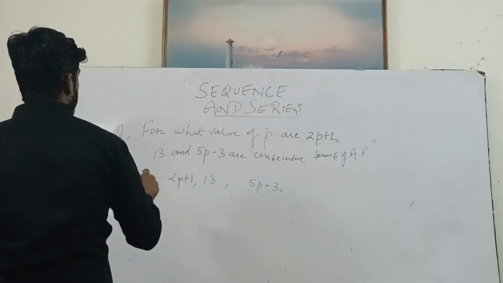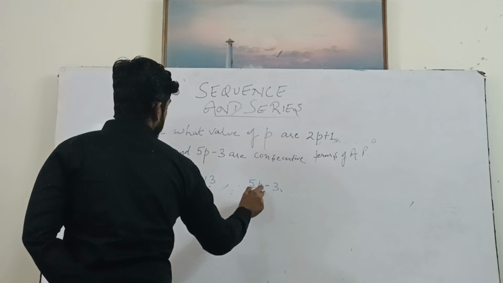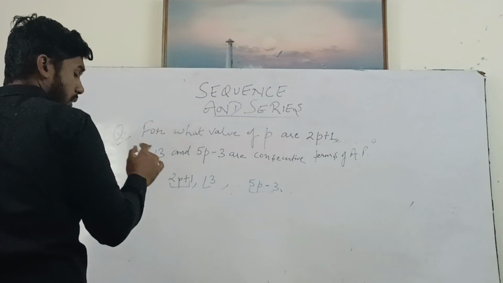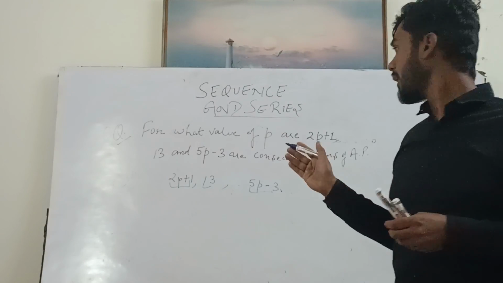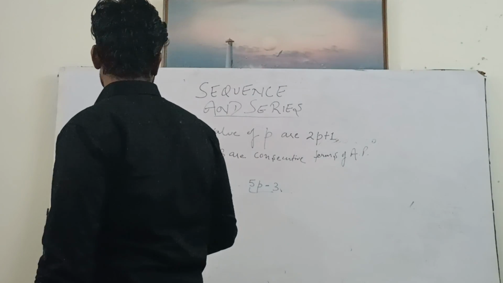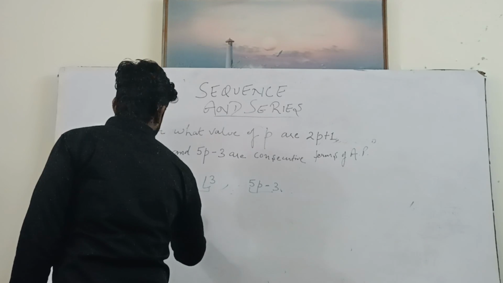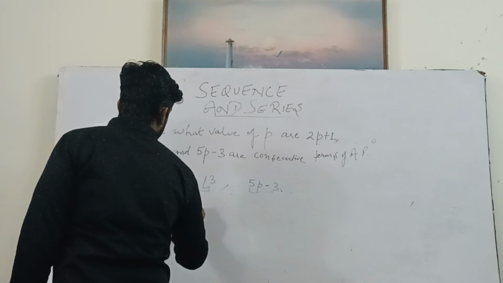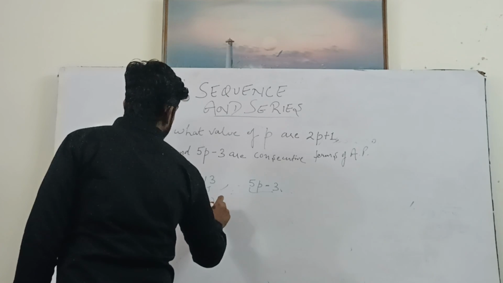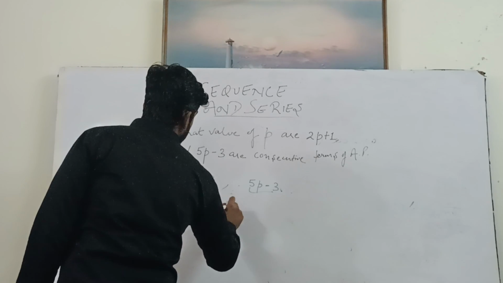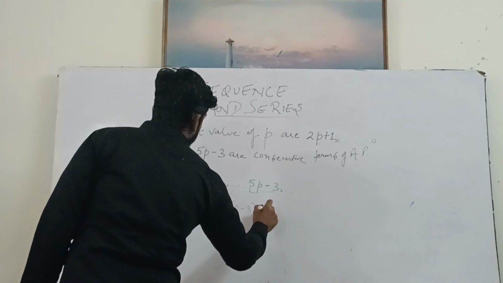Which means that suppose this is some first term, this is the second, this is the third, or anything. The bottom line is they should be consecutive. So if they are consecutive terms of an AP, the common difference between these two, that is 13 minus the previous term, that is 2p plus 1, should be equal to 5p minus 3 minus 13.